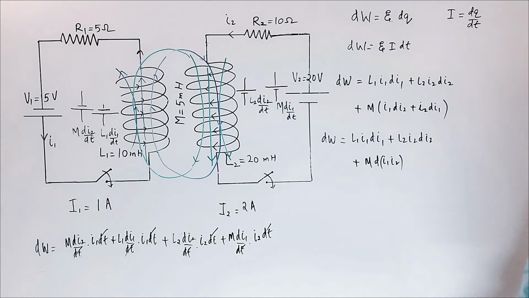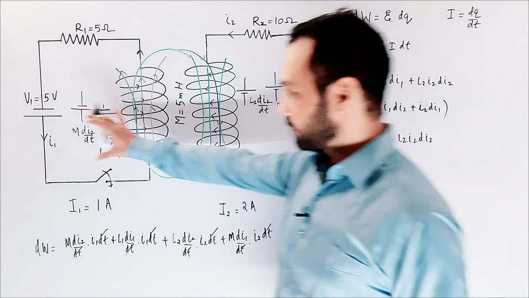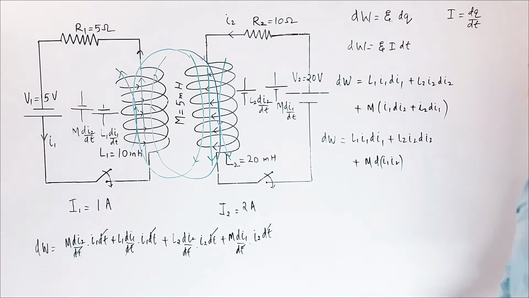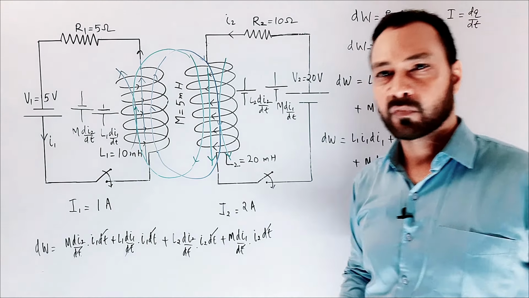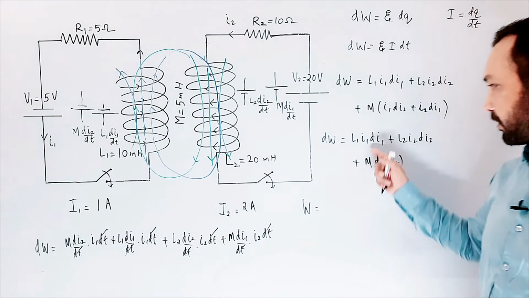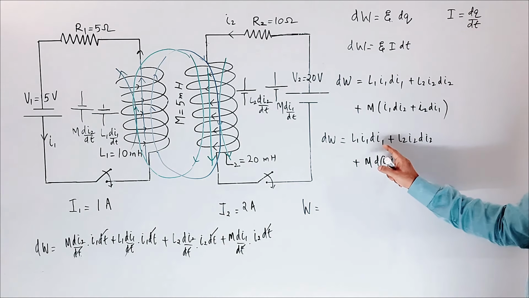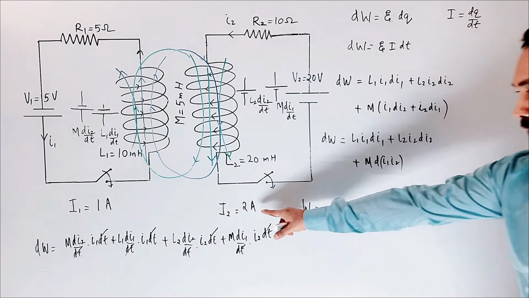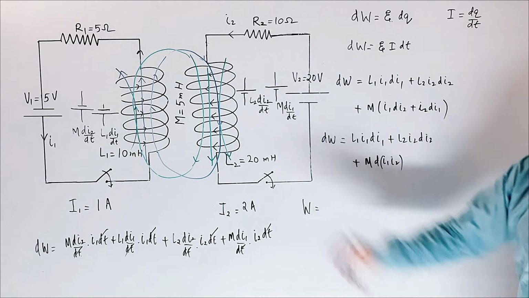And now we have to find the work done by this battery from the beginning, from the moment we close the switches, till the current reaches a steady state. So for the overall work done, the current will go from 0 to I1 in one term and from 0 to I2 in the other.